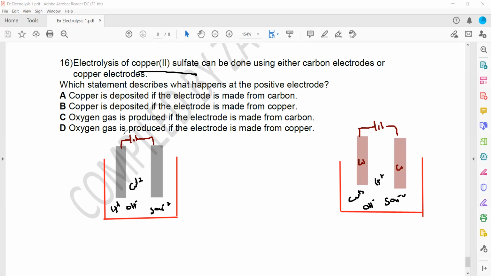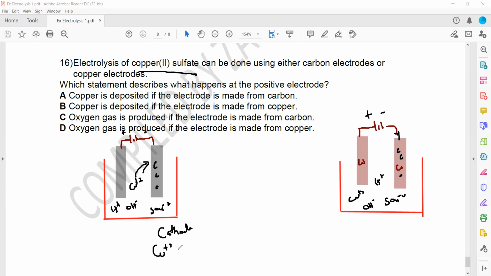This is the positive terminal of the battery, and this is negative. So electrons will come out. Here also electrons will come out. Now, what happened for cathode? The copper ions, because they are less reactive, are attracted towards the cathode.